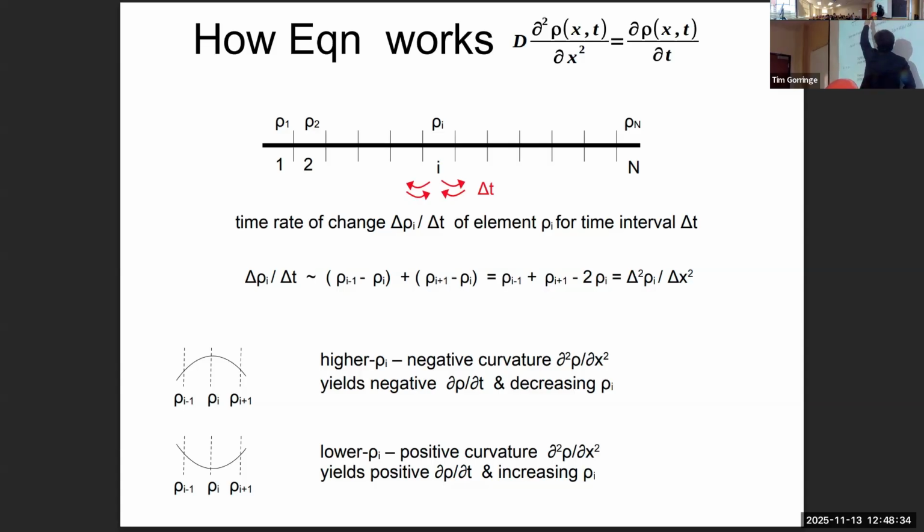The contribution of particles moving from the right-hand cell to the center cell will be proportional to the concentration of the particles in the right-hand cell. So those would cause an increase of the number of particles in the center cell. So it would be a positive contribution here.